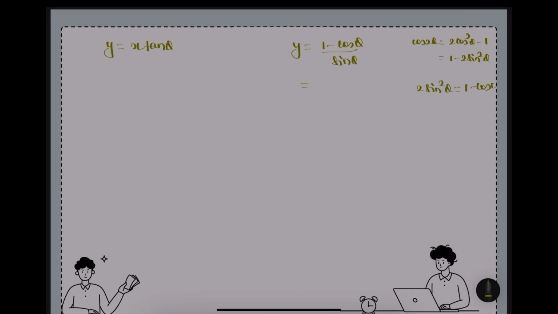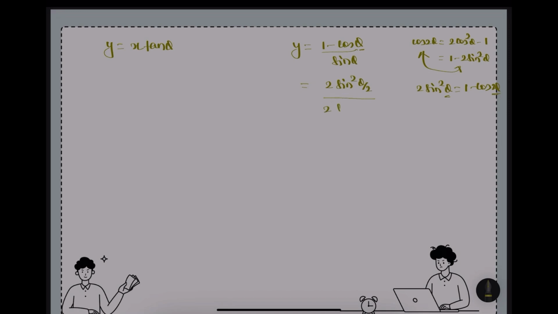If you want plus, then this formula will be used. If you want minus, this formula will be used. So can I write 2 sine square theta by 2? Now can you write this sine theta as something else?